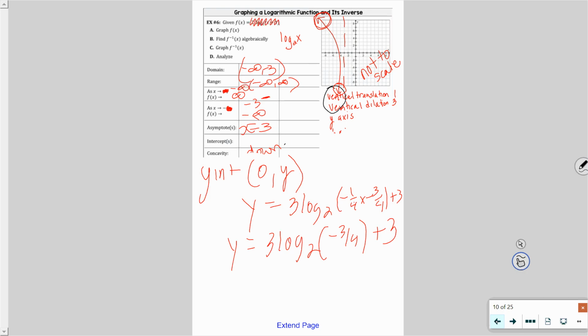In your calculator, do log base 2 of -3/4. I'm checking a few different things as I ask you to do this on the calculator. What does it give you as an answer?